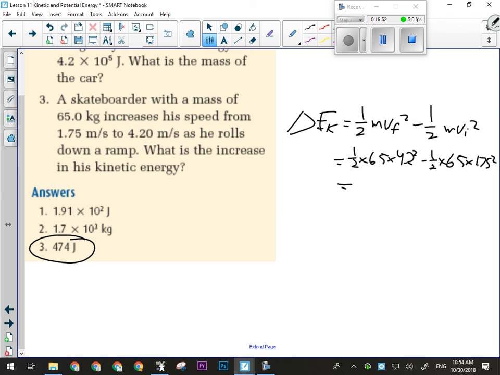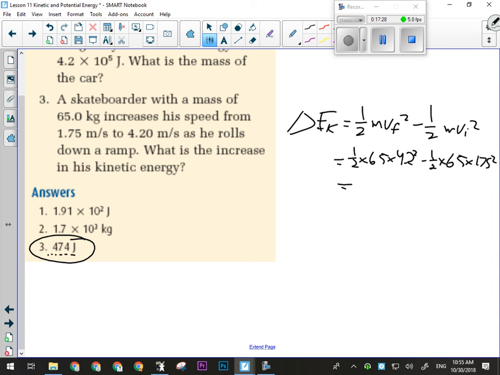But now if I ask you, how tall is the ramp? What do you have to do? I would make it simpler than that. If this is the change in kinetic energy, it's also the change in potential energy, because going down a ramp you're converting potential energy into kinetic energy.